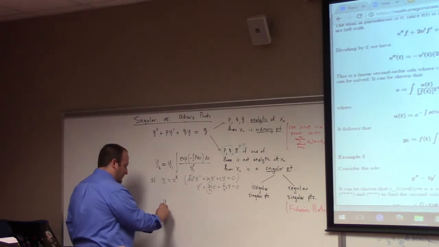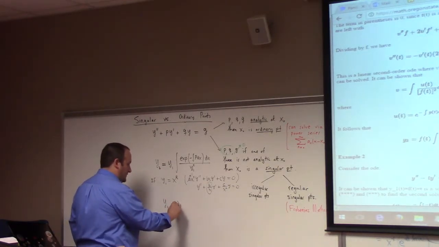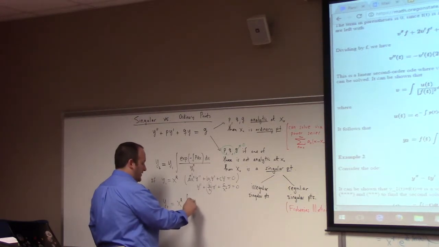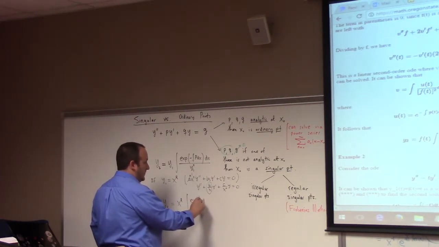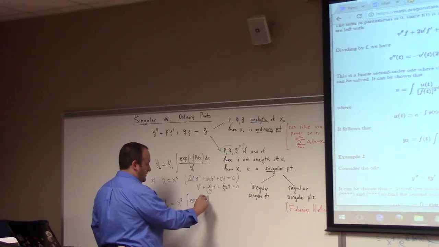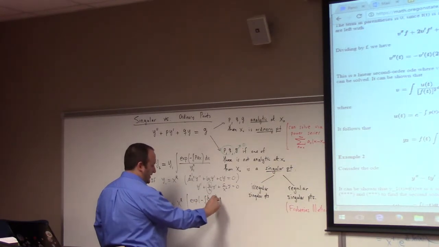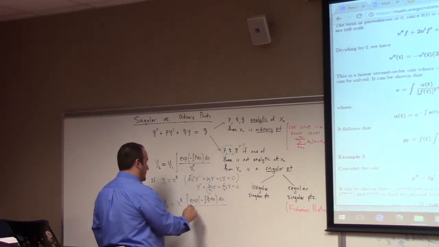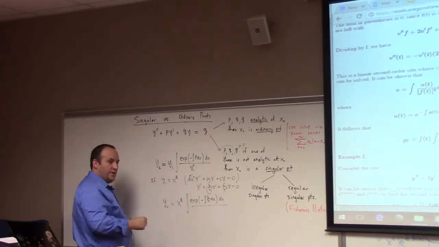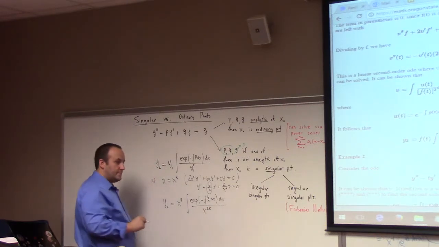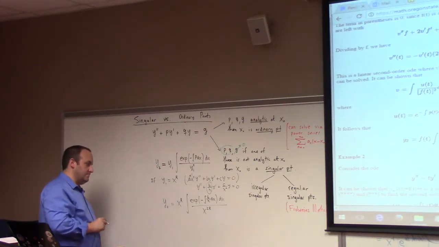So I get y2 is x to the r, the integral of the exponential of minus the integral of b over x dx over y1 squared, which would be x to the 2r, right? And let's see here what happens.